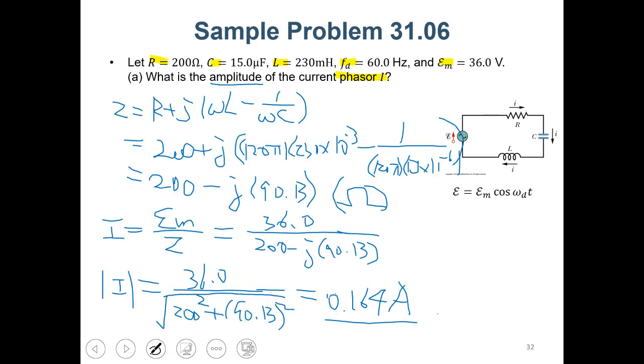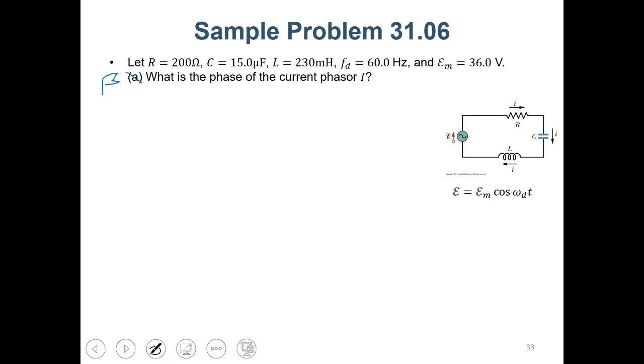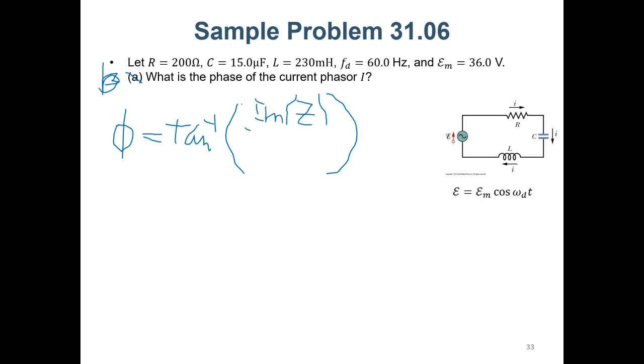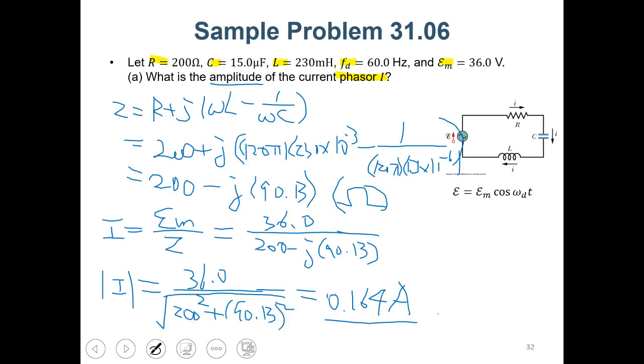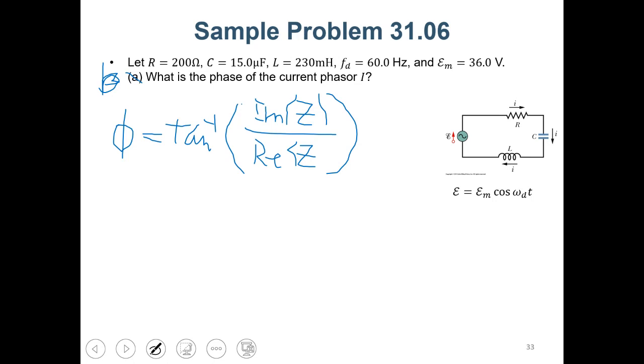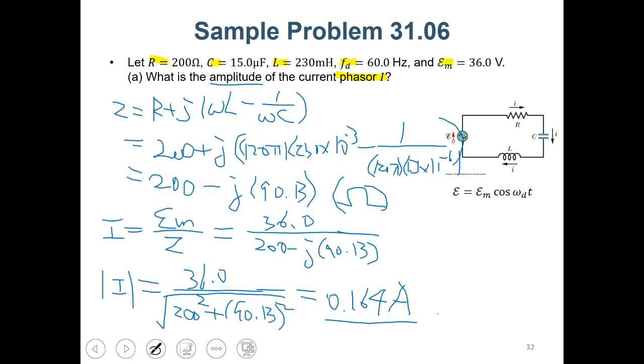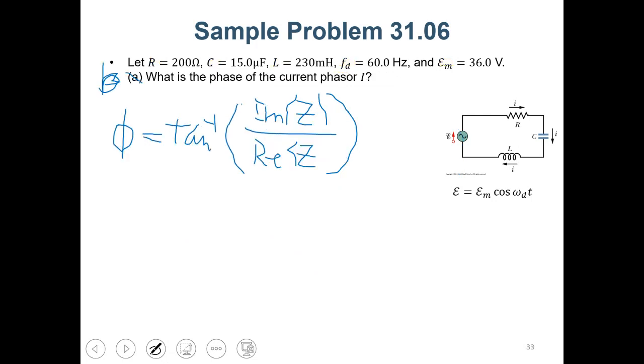And next, this should be part B. So phi is the arctangent of the imaginary part of Z over the real part of Z. Yes, real part.